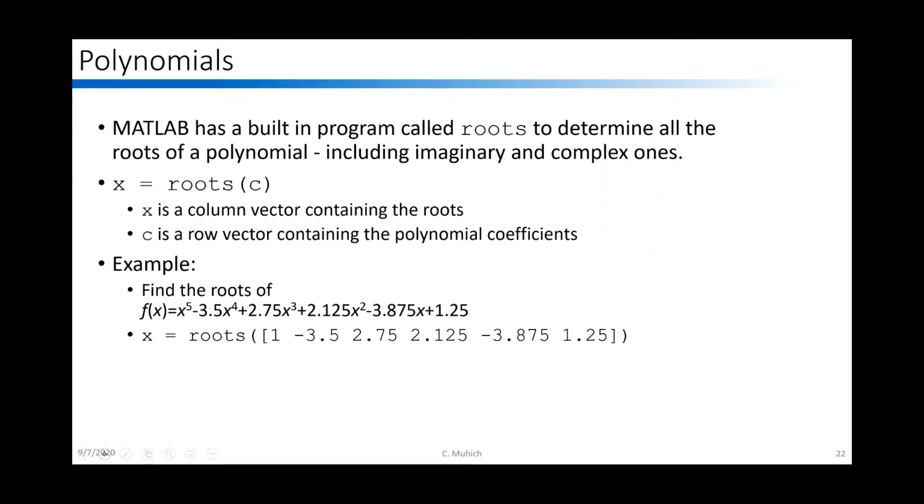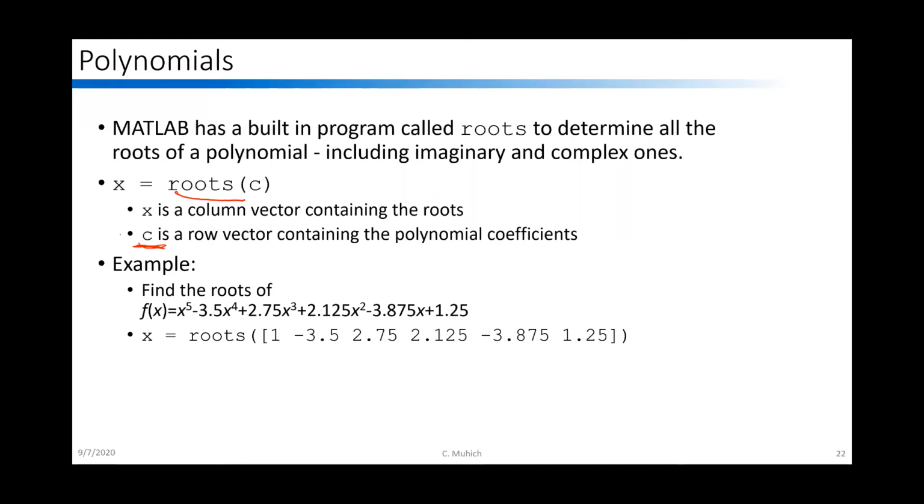So similarly to fzero, MATLAB has some built-in power when it comes to polynomials. This is because many things engineers and scientists deal with tend to also be displayable or showable in terms of polynomials. And here we can use the function roots, which will display the roots of a polynomial vector of C. So what does that mean?